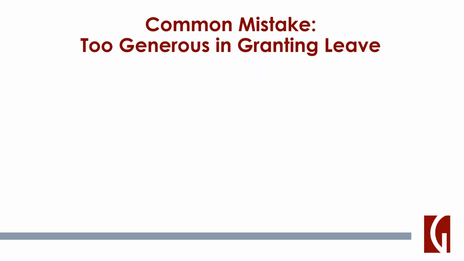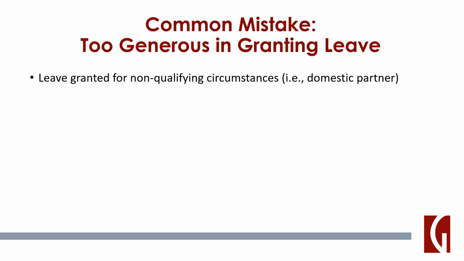So this kind of highlights something that I think that we often see in the Midwest, and that is that sometimes rather than not granting leave when it should be granted, I think sometimes we run into the opposite problem, which is that employers are being too generous in granting employees leave, particularly for non-qualifying circumstances like Meredith's circumstance there.